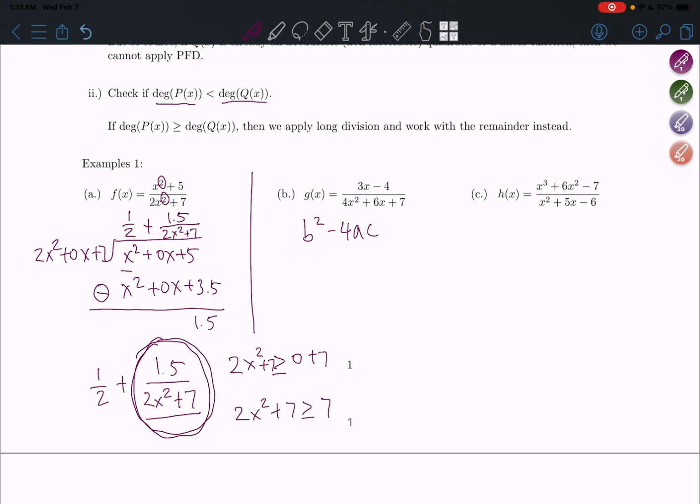So if you plug that in, you get 6 squared, which is equal to 36, minus 4 times 7 is 28, times 4 again, is 112.